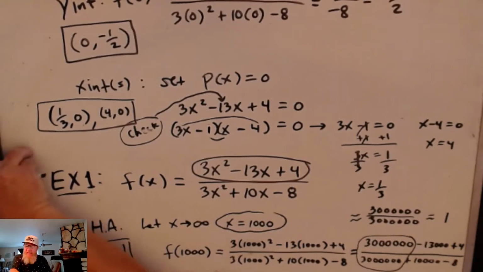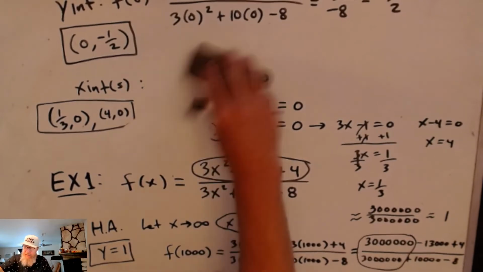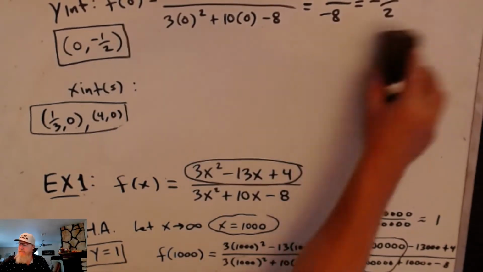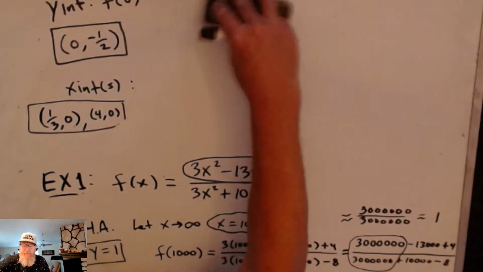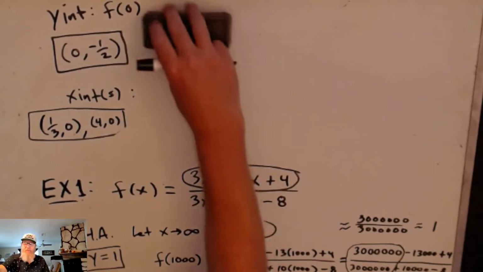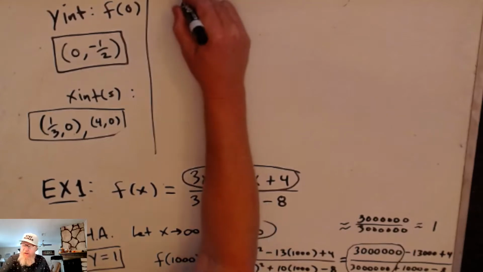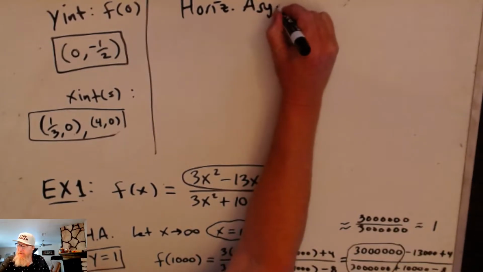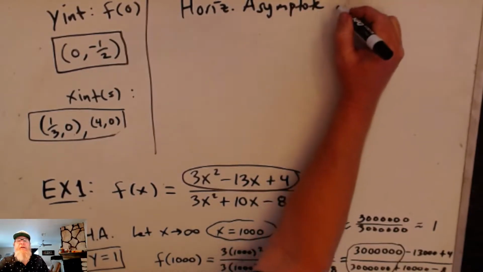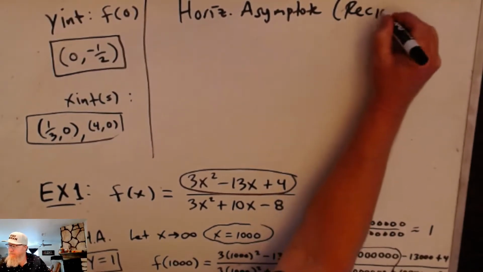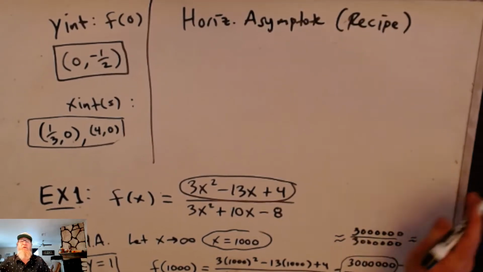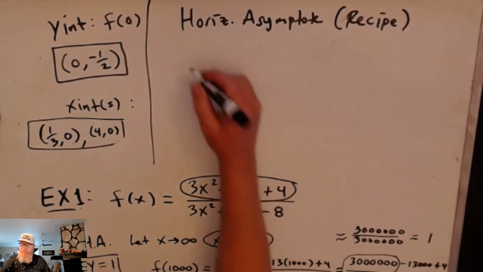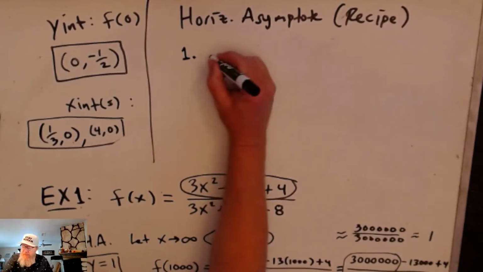It'd be nice if we just had a recipe for the horizontal asymptote. We do have a recipe for the y-intercept, I did it over here, but for the horizontal asymptote, there is a recipe. Or you could call it a formula, or you could call it a generalization. And there's three possibilities.